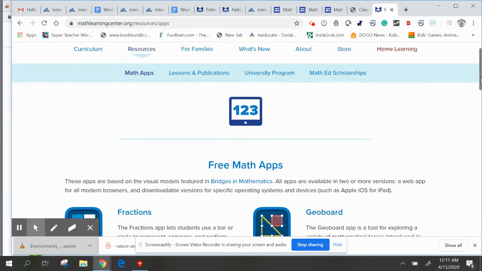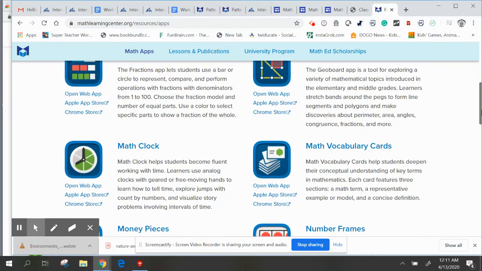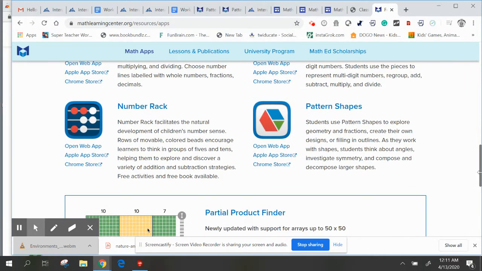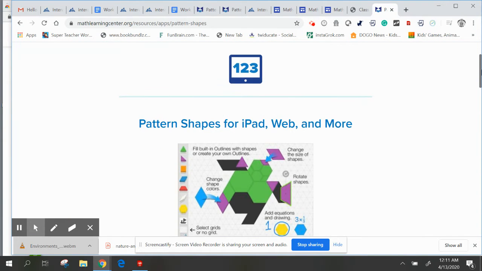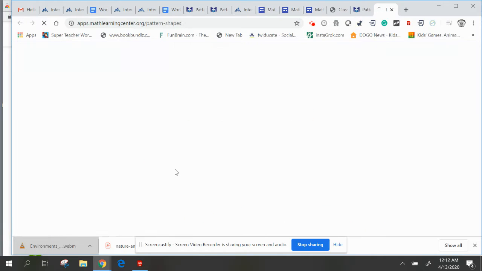Once you click there, you're going to see all the online tools that you can get to. For example, this one all the way down here is the pattern shapes. One of your workplaces in Unit 6 was about fractions with the hexagon. I'm going to teach you how to play that.